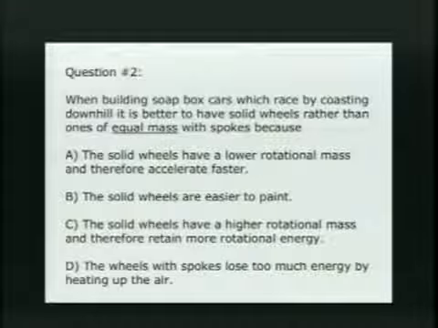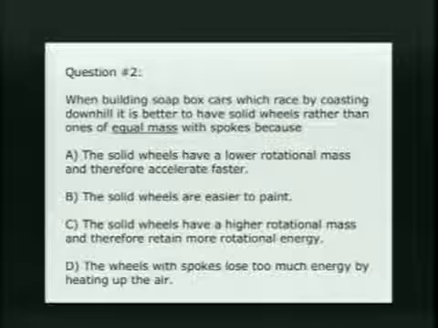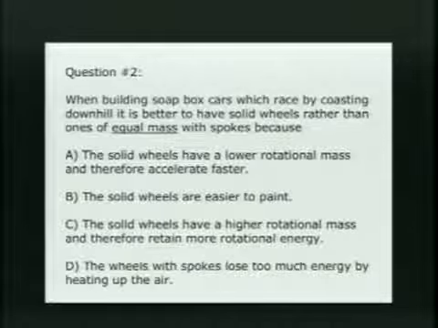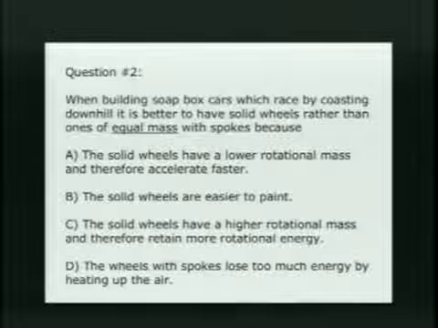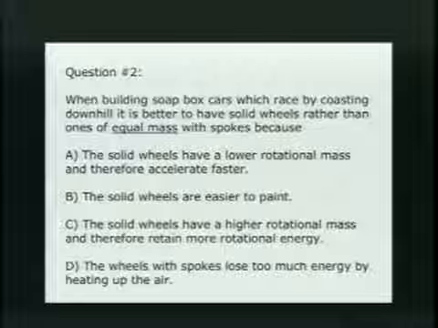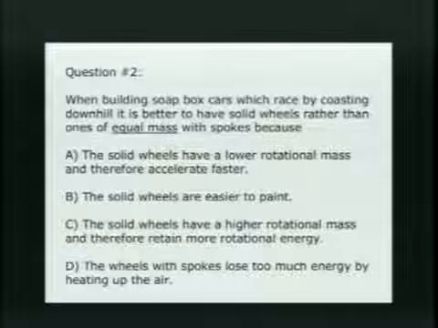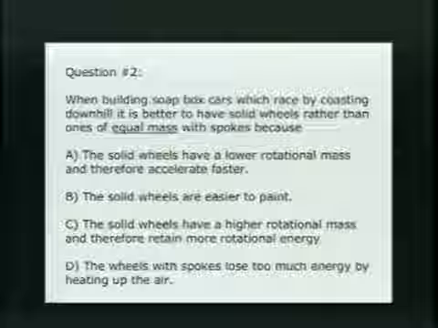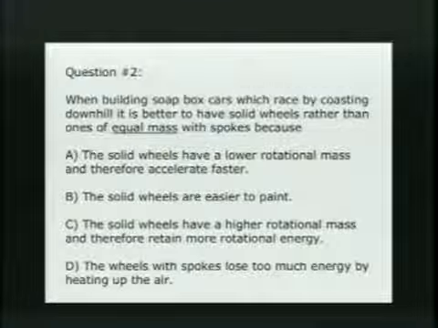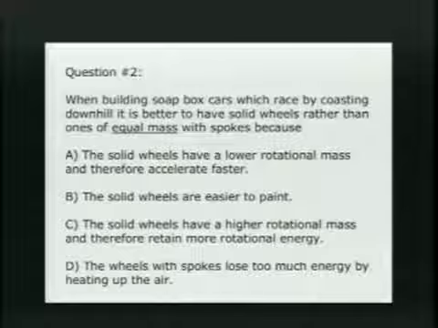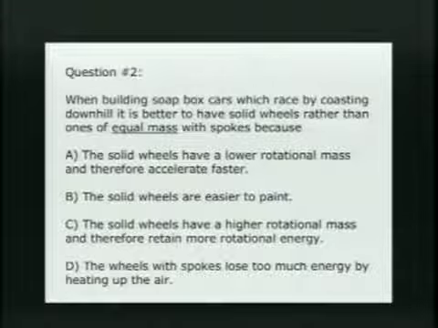A, solid wheels have a lower rotational mass and therefore accelerate faster. B, solid wheels are easier to paint. C, the solid wheels have a higher rotational mass and therefore retain more rotational energy. And D, the wheels with spokes lose too much energy by heating up the air. Spokes, sorry, great question.